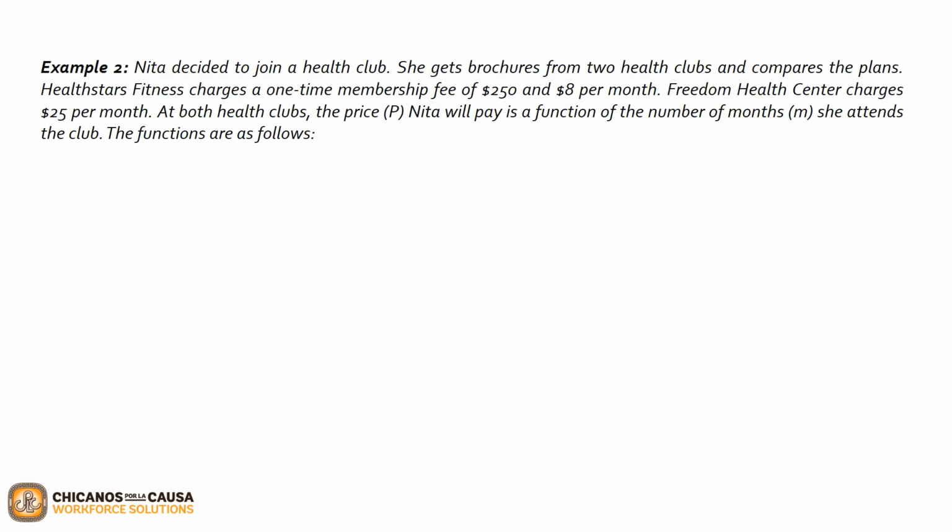At both health clubs, the price P Nita will pay is a function of the number of months M she attends the club. The functions are as below. Health Stars Fitness is P equals 250 plus 8M. Freedom Health Centers is P equals 25M.